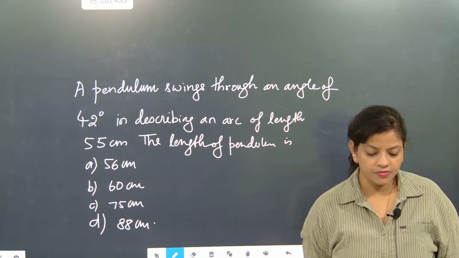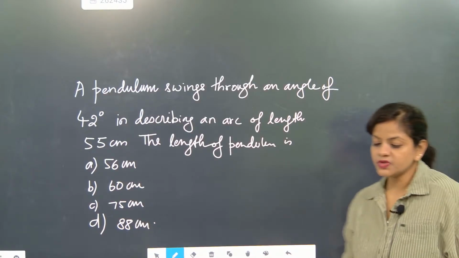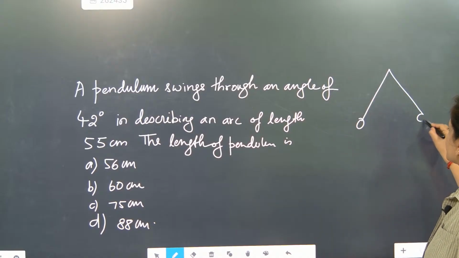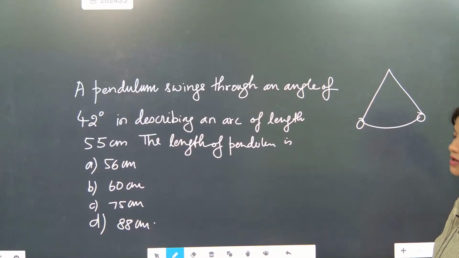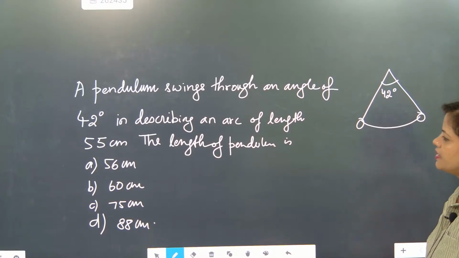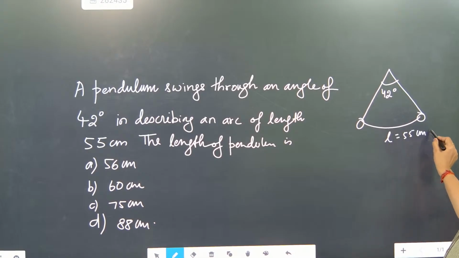See, when they have given you this pendulum question, theta is equal to L by R, arc length. The angle is 42 degree. A pendulum swings through an angle of 42 degree, in describing an arc of length, L is 55 centimeter. The length of the pendulum is R. Solve it.